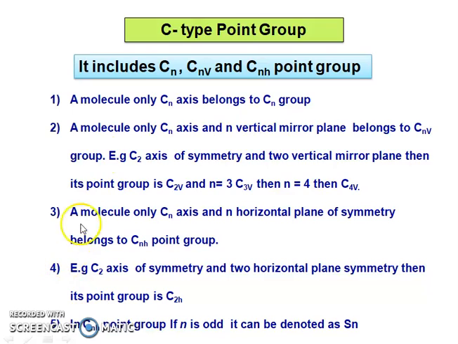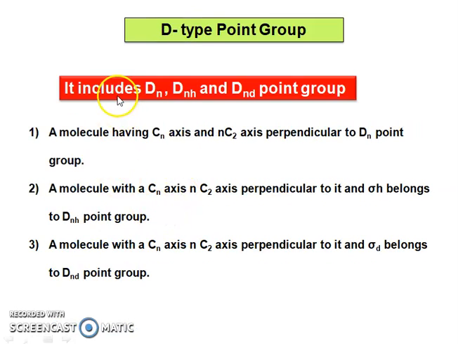Now we have seen the C type of point group. Next, we have the D type of point group, and this D type of point group includes the Dn point group, Dnh point group, and Dnd point group.